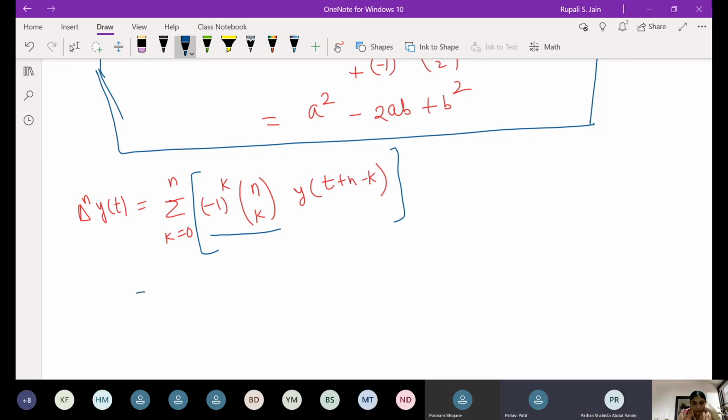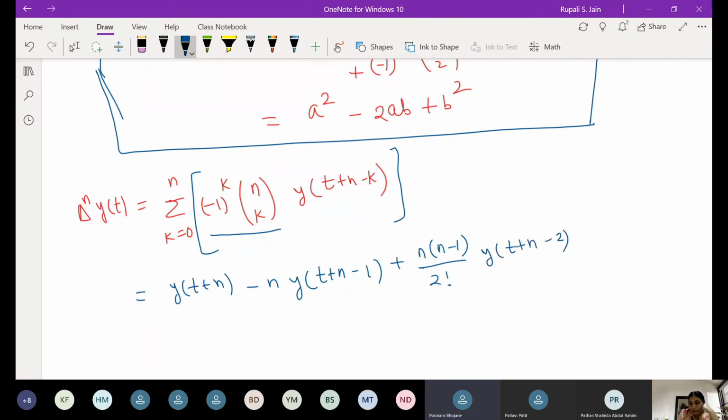If I expand this, what will it be? y at t plus n, minus n times y at t plus n minus 1, plus n into n minus 1 divided by 2 factorial y at t plus n minus 2, and so on, plus minus 1 raised to n y at t.